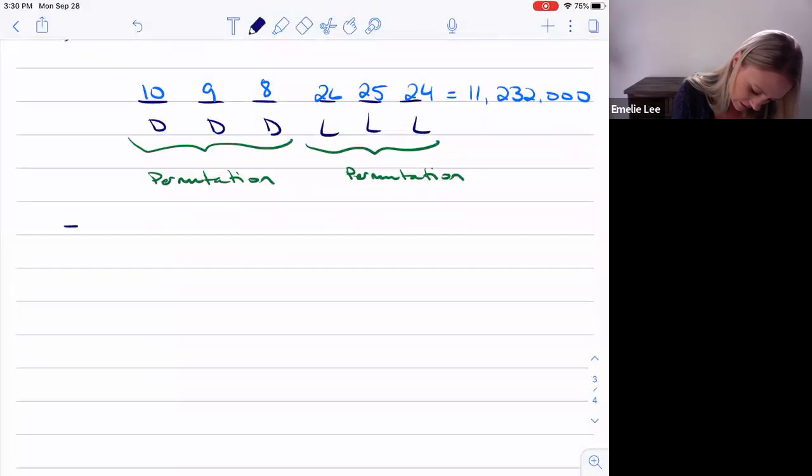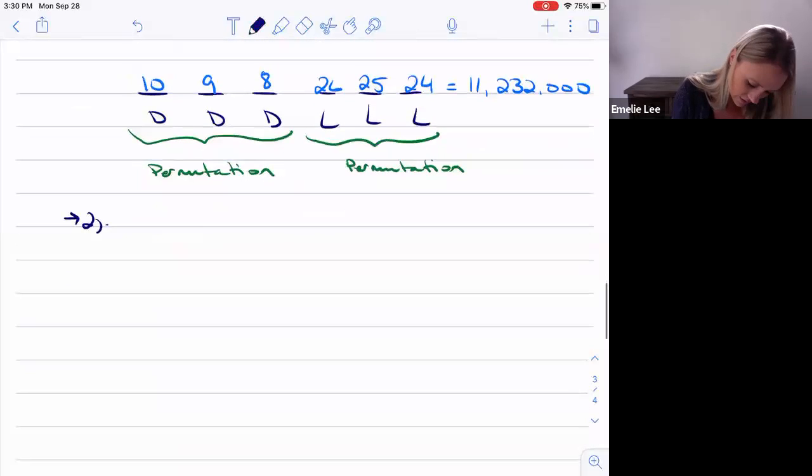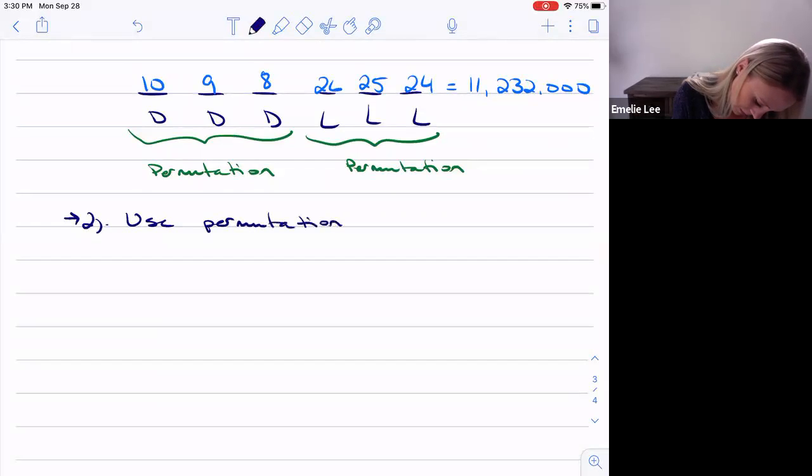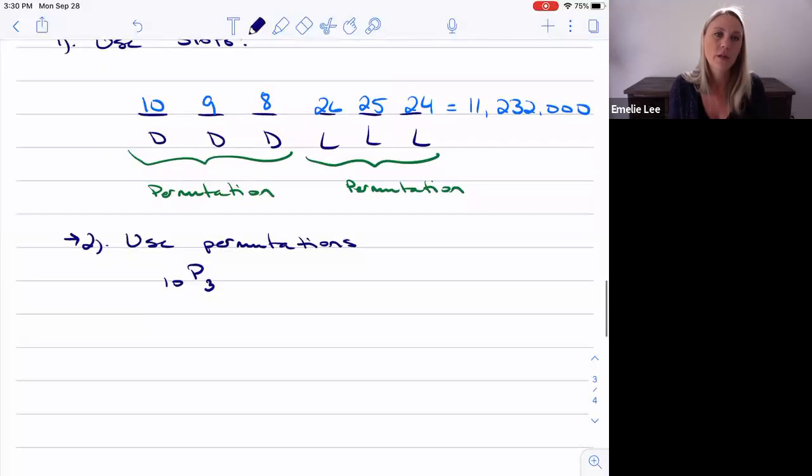So what I can do is, my second way is use permutations. 10P3, right? I'm picking 3, and 1, 2, 3 is different from 3, 2, 1, right?